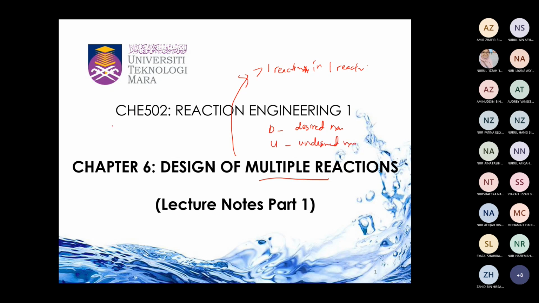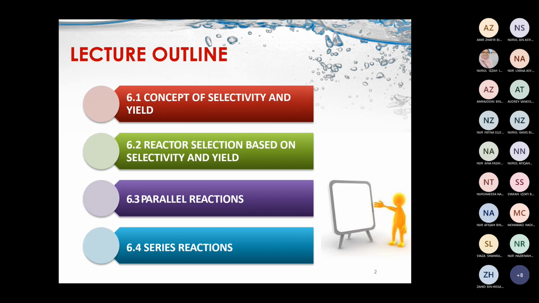If we have multiple reactions, let's say a first, second and third reaction, you will have one that is much more desirable, so you have to select between these. So, the lecture outline.